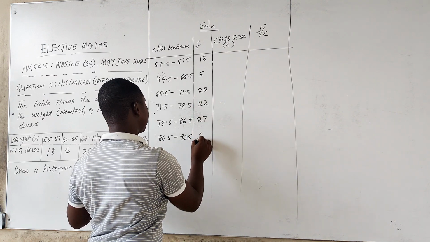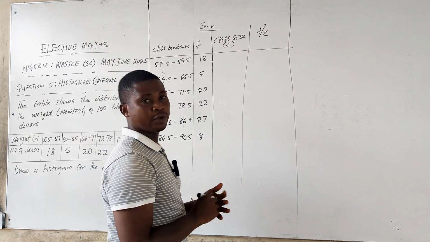And the frequency you have 18, 5, 20, 22, 27, and 8. That's the frequency. Now we look at the class size.